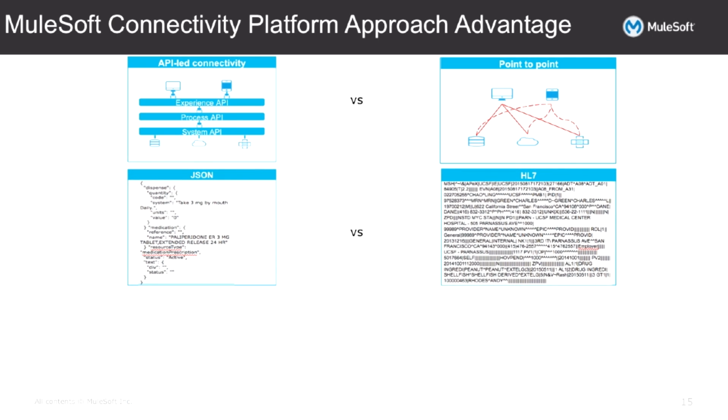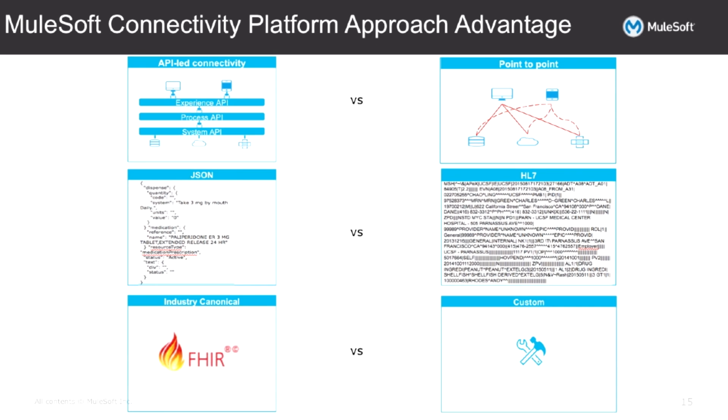You're dealing with easy to consume JSON format messages, which are in FHIR standards, as opposed to pipe delimited HL7 messages. And of course, the MuleSoft templates are implemented using industry canonicals like FHIR and HL7 rather than custom data formats.